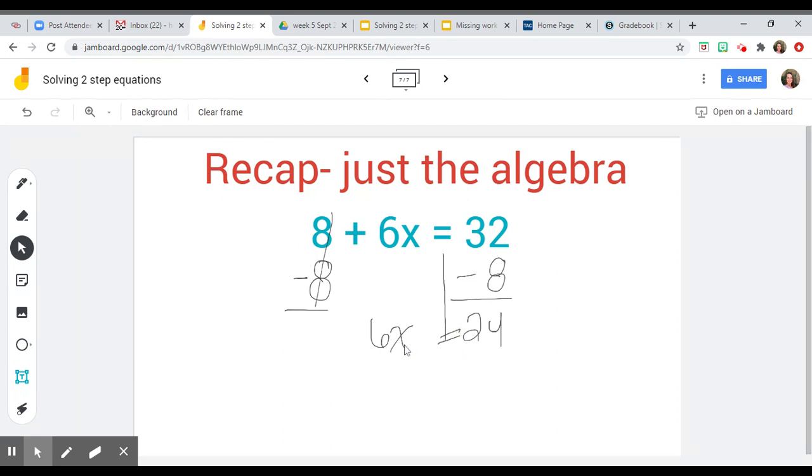The x is now attached to the 6. It is showing me to multiply. The opposite or inverse of multiply is to divide by 6. 6 divided by 6 is 1. That leaves me an x. 24 divided by 6 is 4. So once again, we still have the value of x equals 4 for this equation.